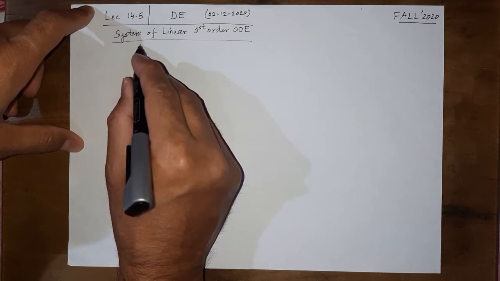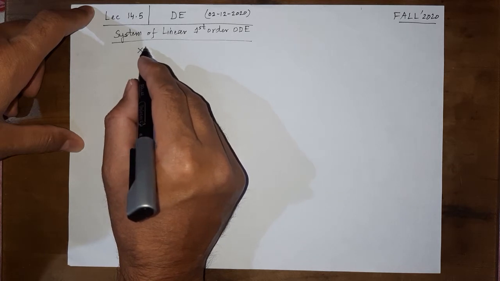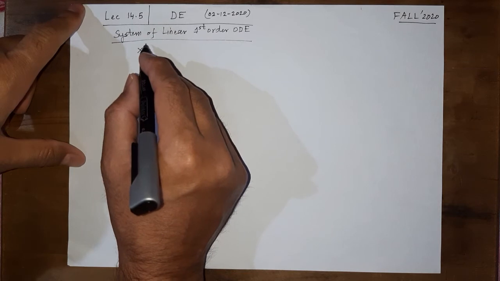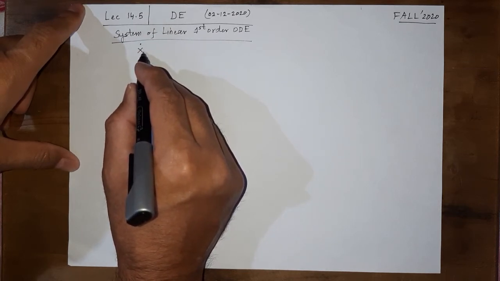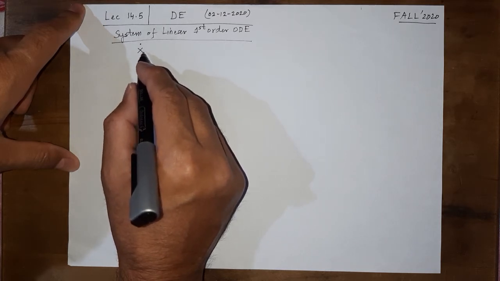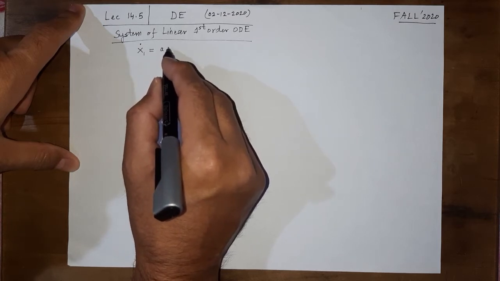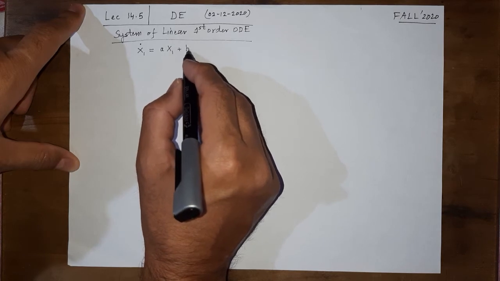So suppose we take up a first order homogeneous differential equation with constant coefficients that has a variable parameter x1, and say it is dependent on x1 as well as x2.